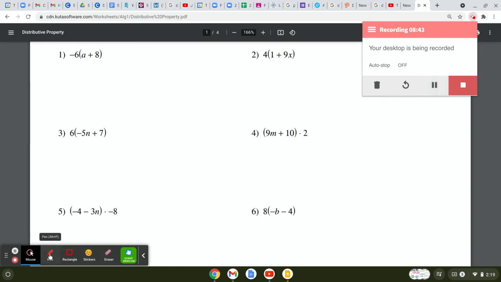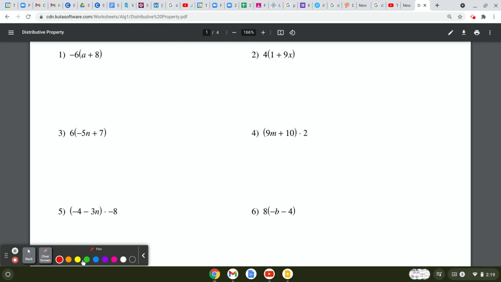So let's say we're working with other algebraic expressions. Let's use this blue color here. Let's say for problem number 3 here, I'm multiplying 6 with negative 5n plus 7. So I'm going to be distributing. Make sure you show those arrows. You're going to be multiplying 6 with negative 5n.